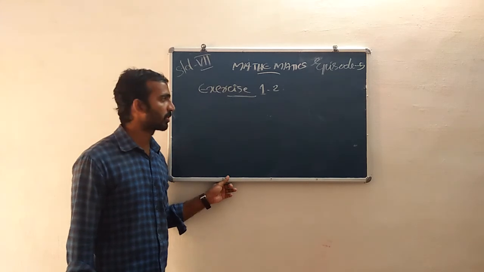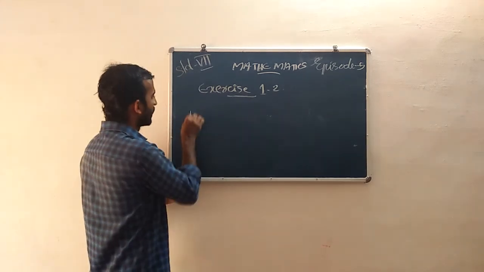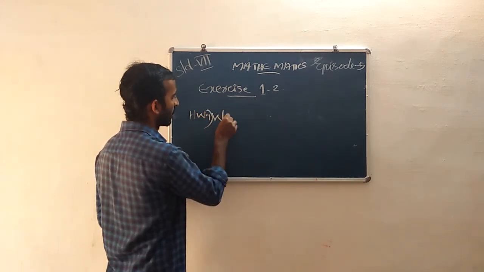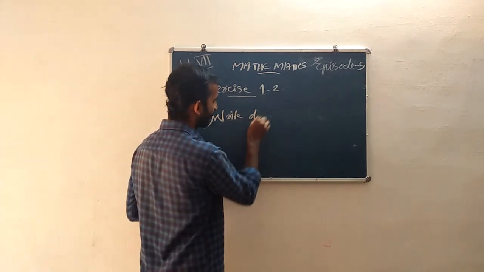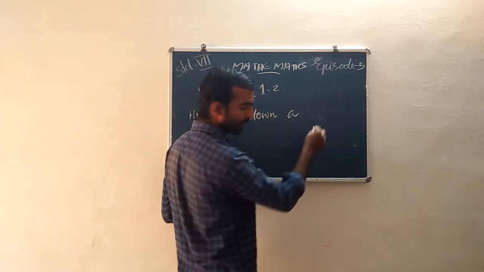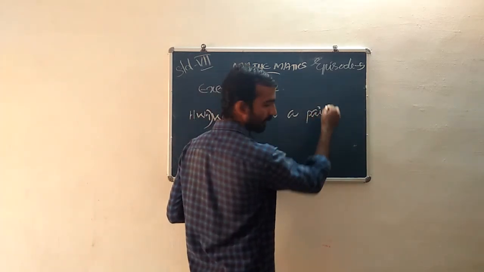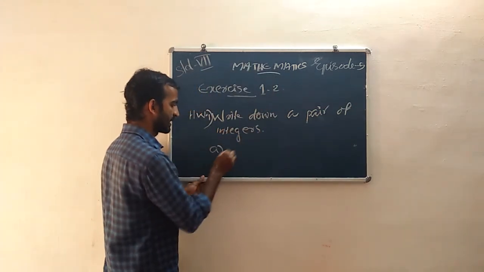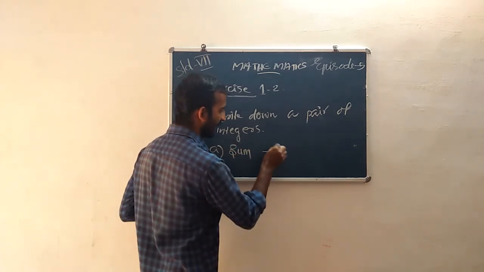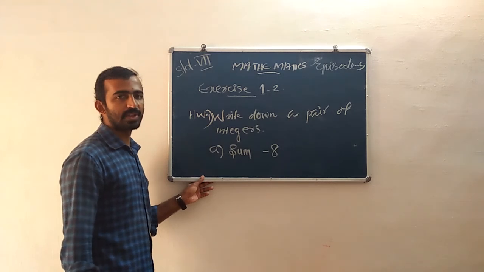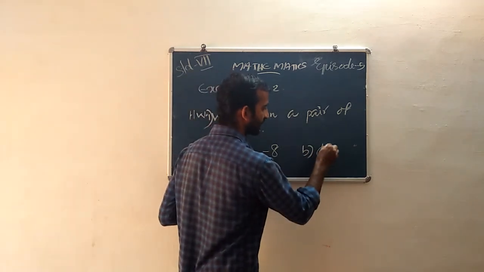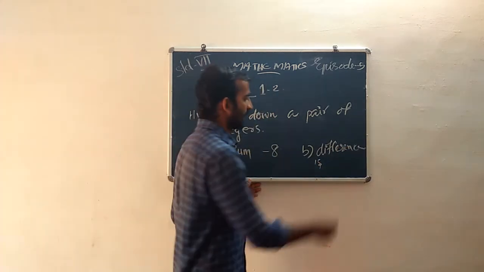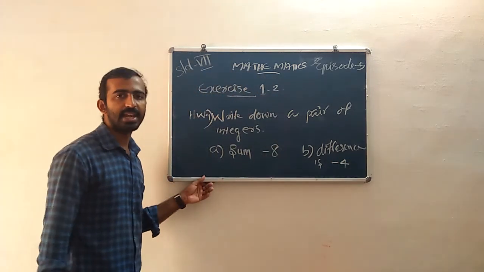Question 2 is your homework, and for some more homework, write down a pair of integers: first one, whose sum is negative 8, and second, whose difference is negative 4.